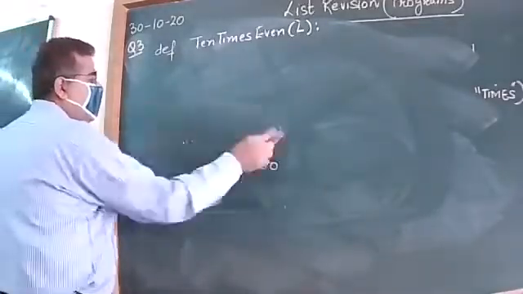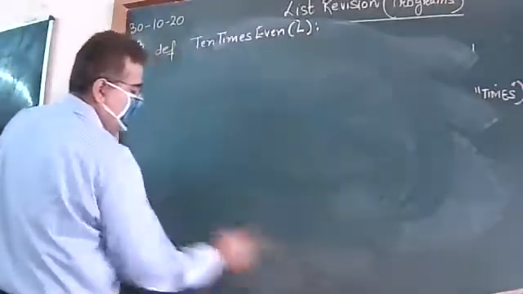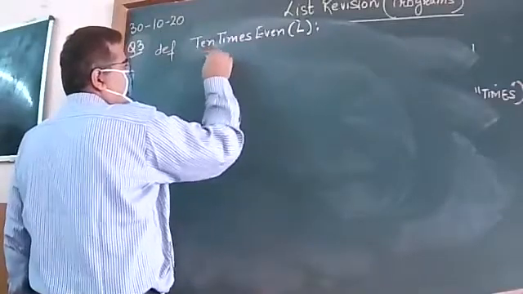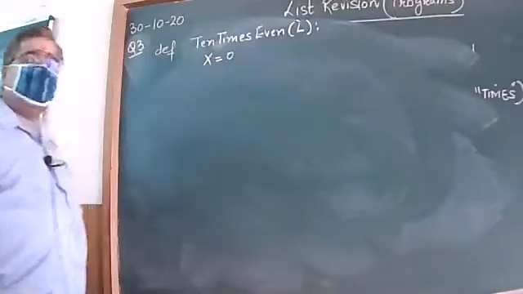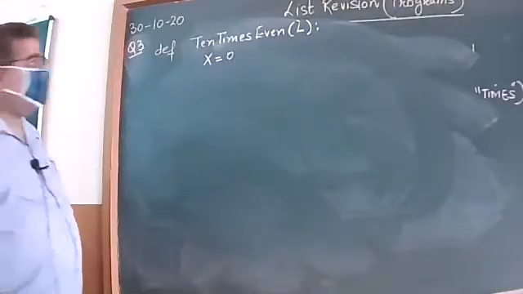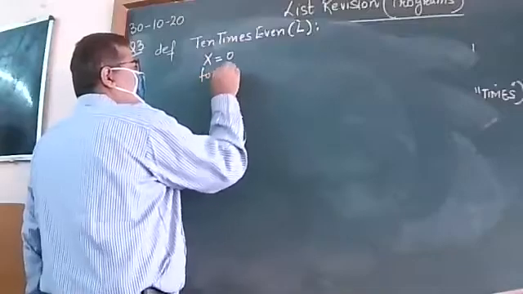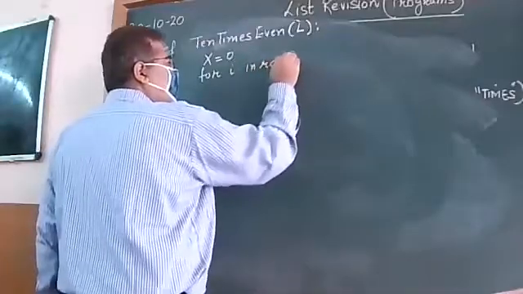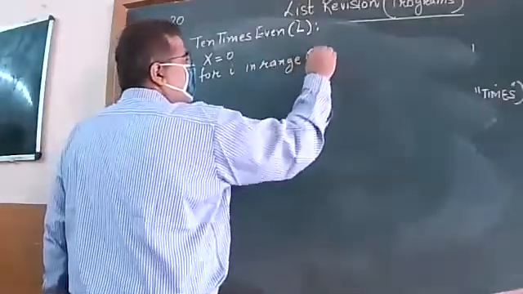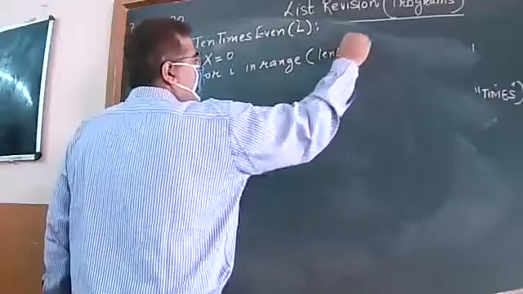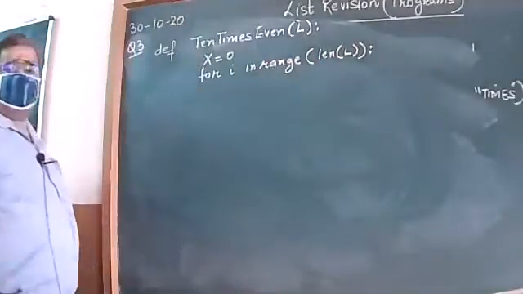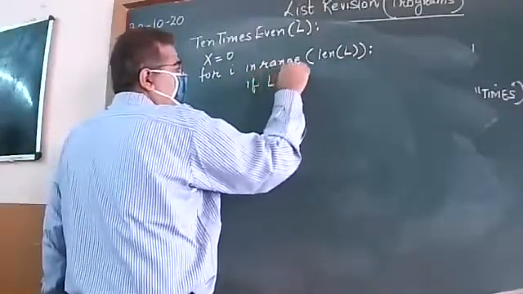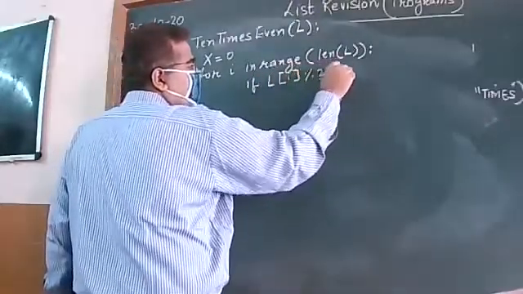Right? So what we are to do here, I am taking one variable x and I am initializing it with 0. Start the for loop. Right? Check whether the element is even or odd. That you will modulus the element with 2.